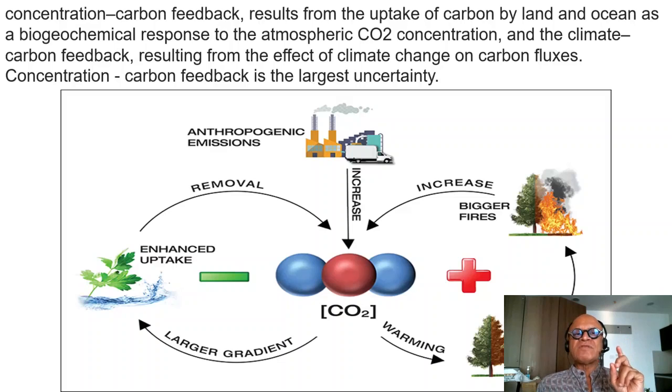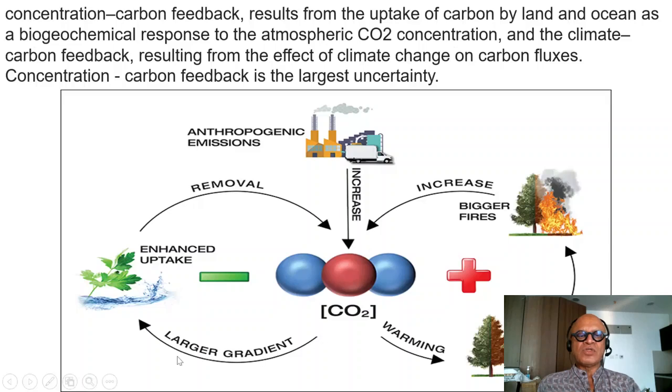And the climate carbon feedback results from the effect of climate change on carbon fluxes. So if you increase CO2, we are obviously going to increase the greenhouse gas effect and warm. For example, we're going to dry trees, and there could be wildfires which could get more intense and more frequent and longer, which we will see, which would further increase CO2 fluxes into the atmosphere.